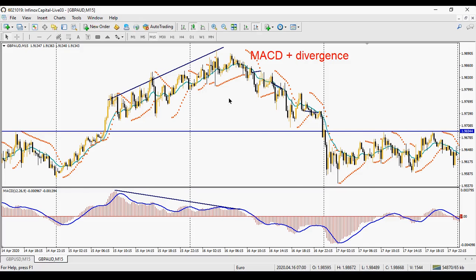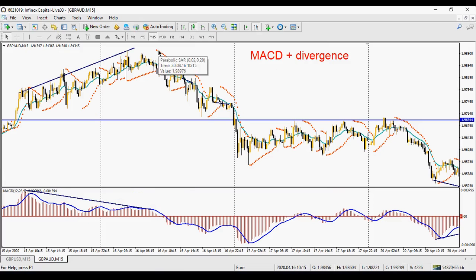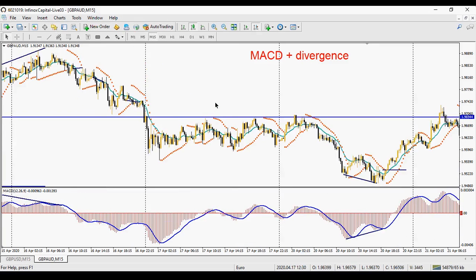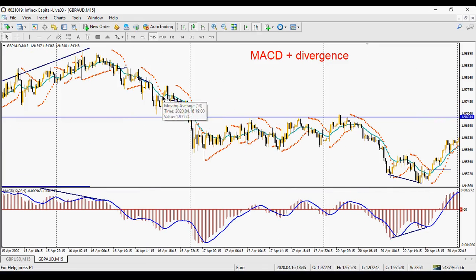I can even create another strategy from here, where I only take Parabolic SAR signals in the direction of the moving average. When the moving average is moving down, I will only be selling when I see the Parabolic SAR above. I will come out when it comes down. When it comes up again, sell. Well, I don't use this, it may not be dependable. Why?